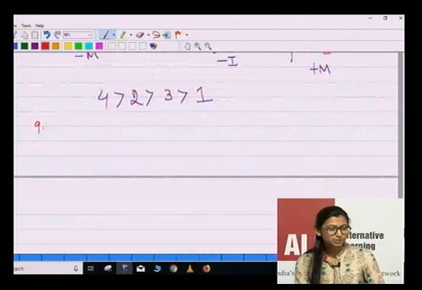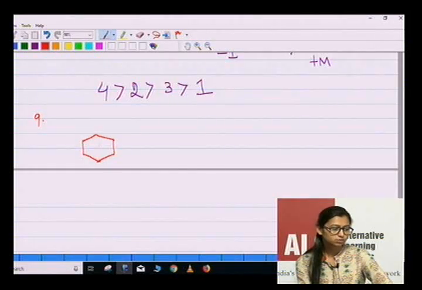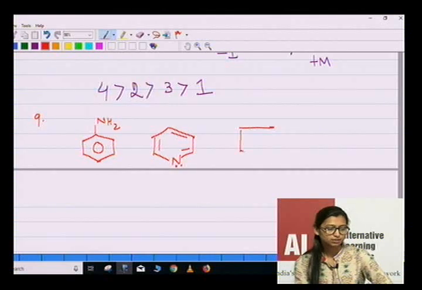Coming back to the question here. See, now this is again a very good question, you know. Let's have NH2, let's have this compound. Nitrogen does have the lone pair here, and I'm making one more.